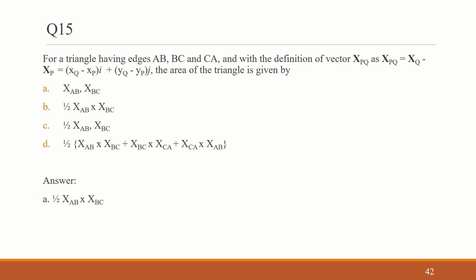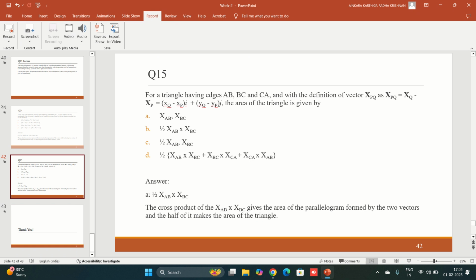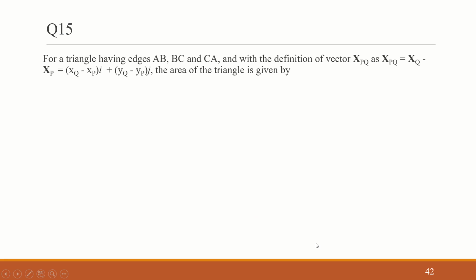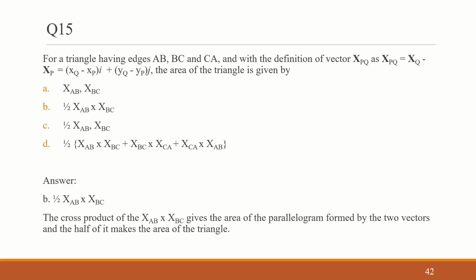It is not A, it is B. The cross product of AB and BC will give the parallelogram, and dividing by 2 will give the area of the triangle. Half of it makes the area of the triangle. So the answer is half into XAB cross XBC.